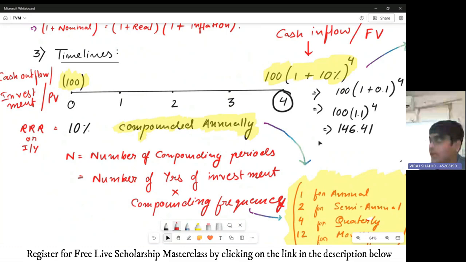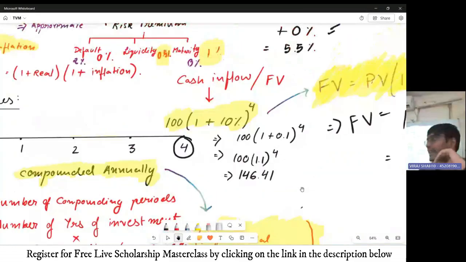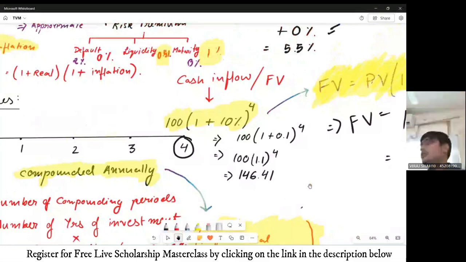And then you write future value. Future value is equal to the payout at the end, which is equal to, write this formula, PV into (1 plus I by Y) to the power n.